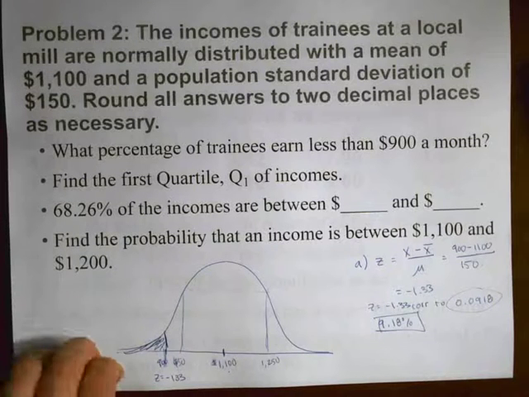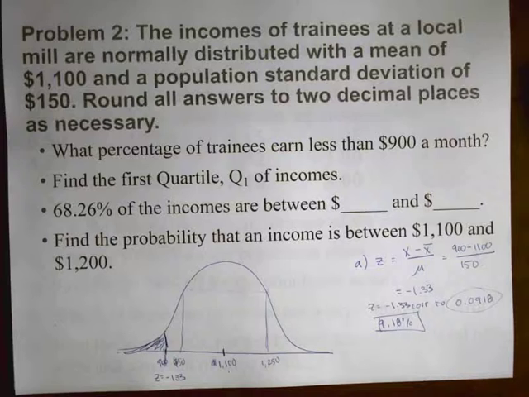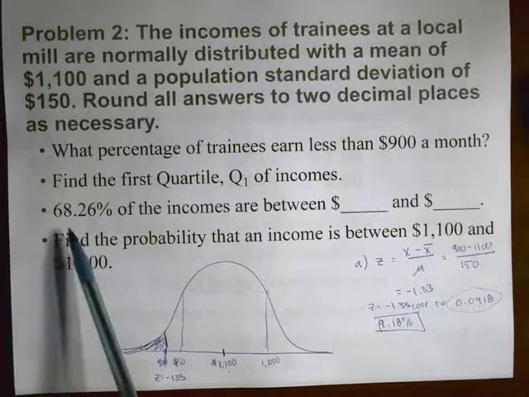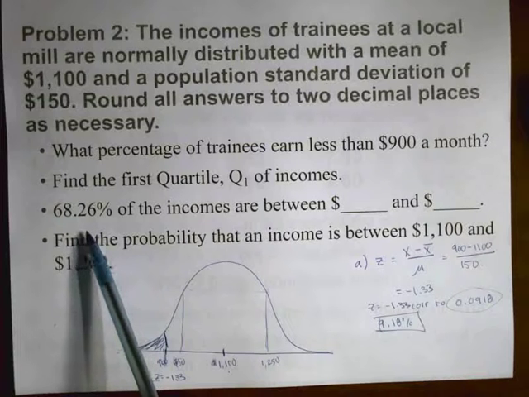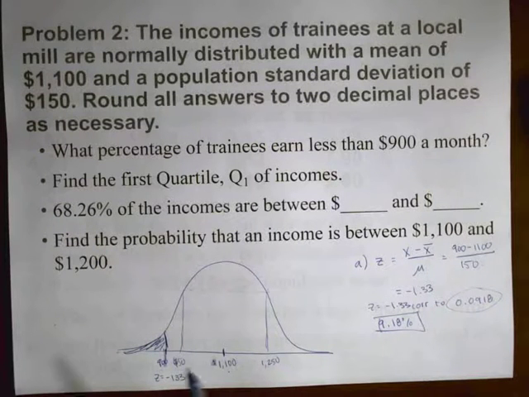I'm going to skip over the first quartile because we did that one, and skip down to the third one, which says that 68.26% of the incomes are between these two numbers. This looks more like a question that would occur on the third problem, where we're looking for confidence intervals: what is the 68.26% confidence interval on our estimate of the mean?